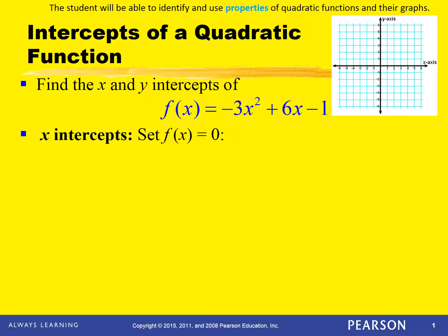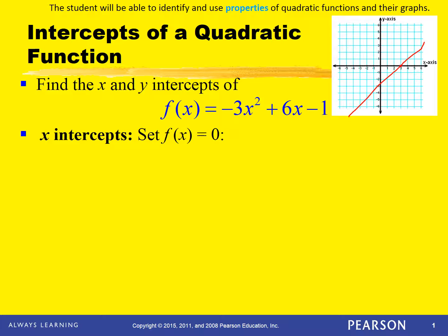X-intercepts, the method for that problem is set f of x equal to 0. Maybe it's starting to come back to you now. We remember from way back when we were just learning about lines. Here's a line.